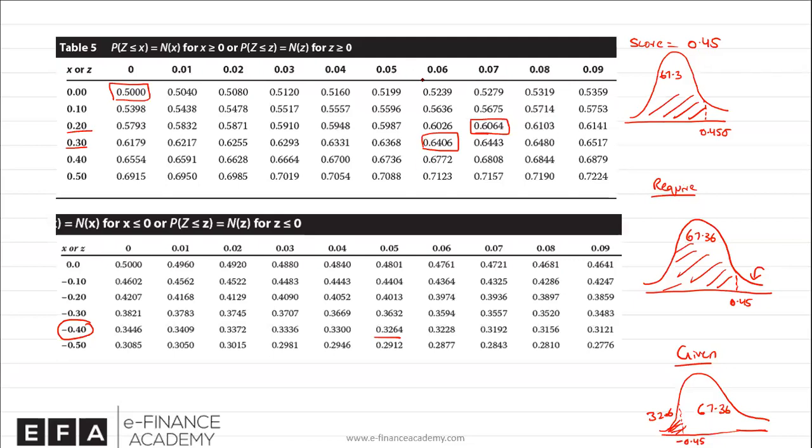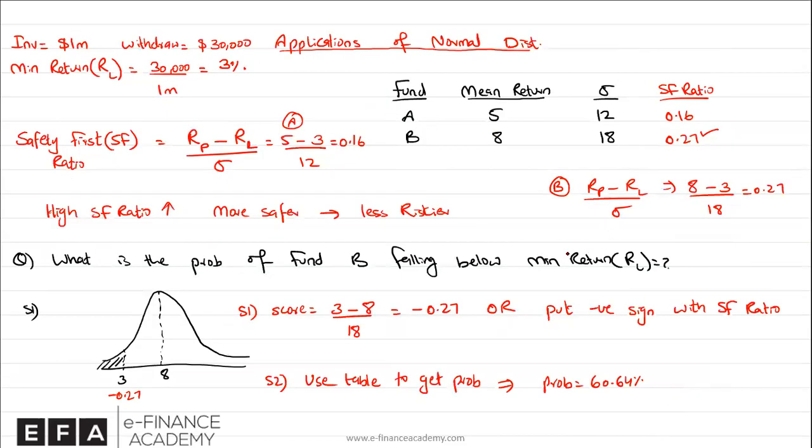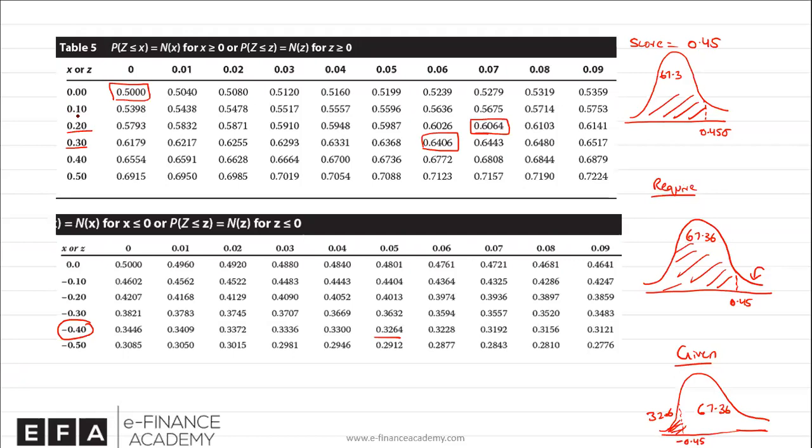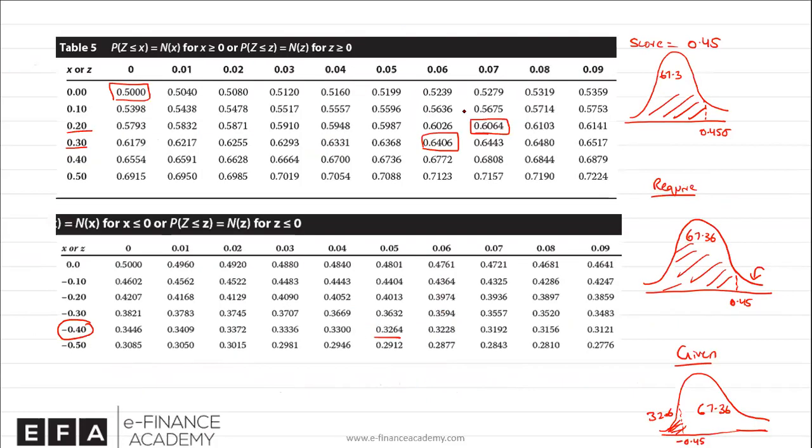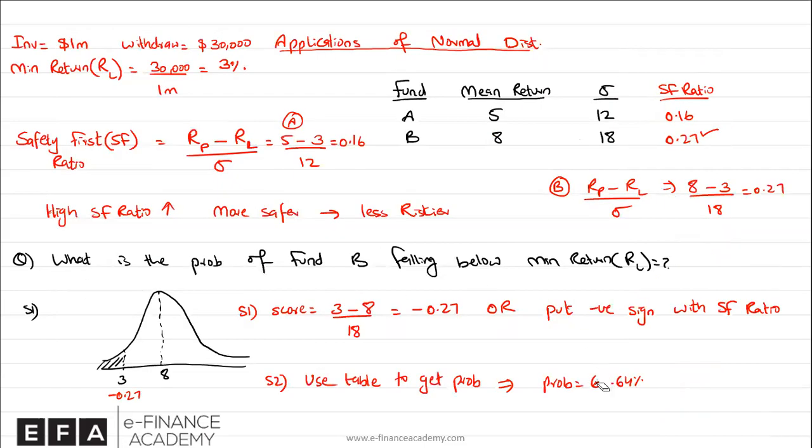All right, I just realized a small correction here. By mistake, I looked for it in the positive table while we had a negative score. So we were supposed to look for it in the negative table, or we would have to subtract the result that we got here from 1. So I'll just make a correction going back. So it's not 60.64.